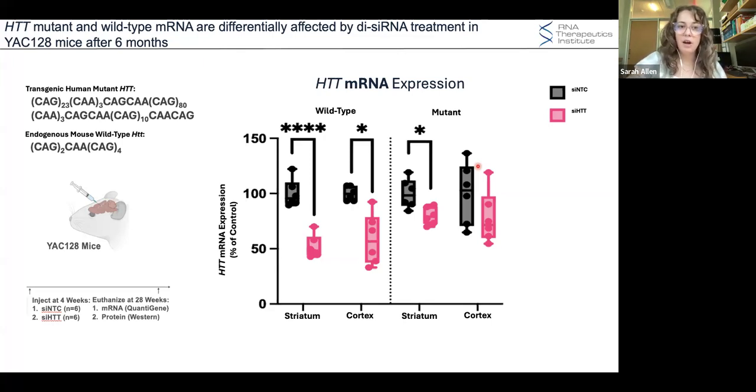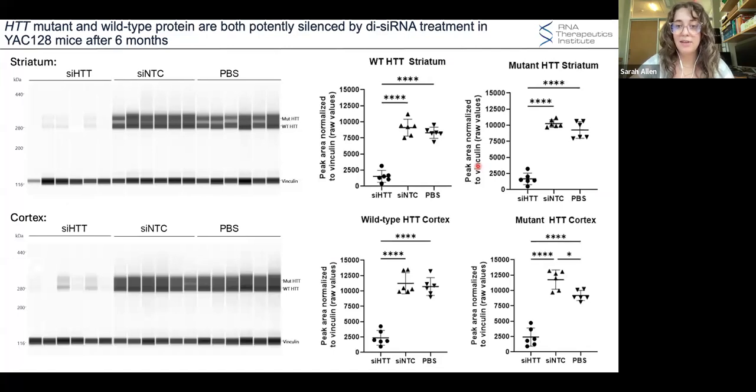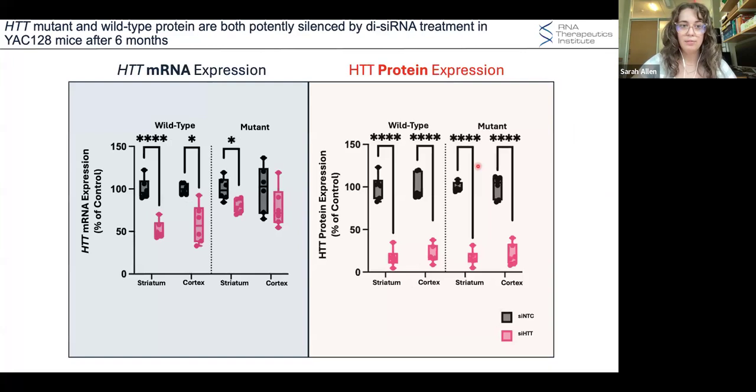So once again, we are able to look at the protein, and we saw significant reduction of both the wild type Huntingtin and the mutant Huntingtin within the striatum and the cortex, even at this longer 6-month time point. And once again, when you compare the degree generally of mRNA knockdown to the protein knockdown, we see much greater silencing of the protein with these siRNAs.